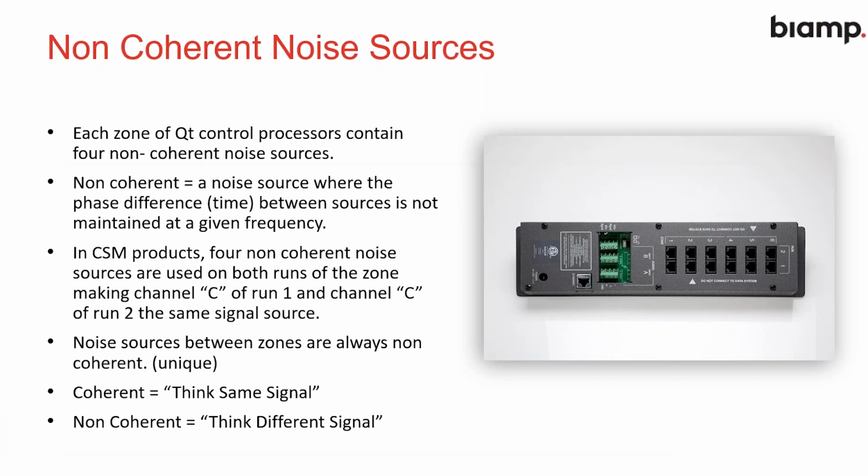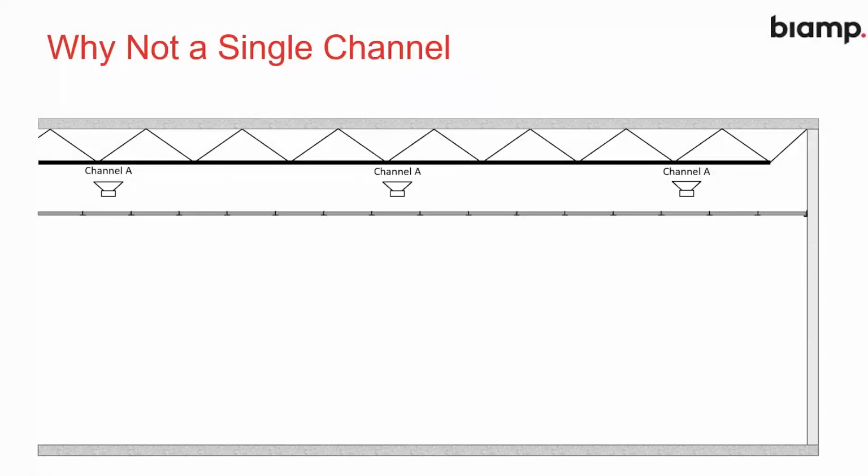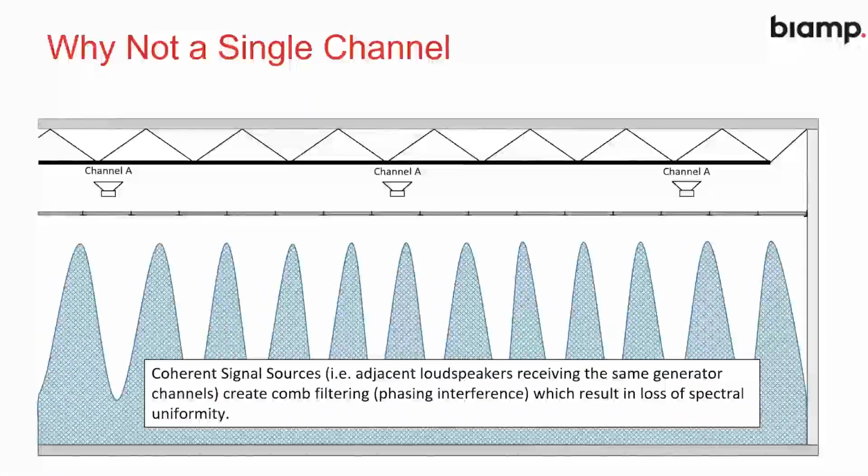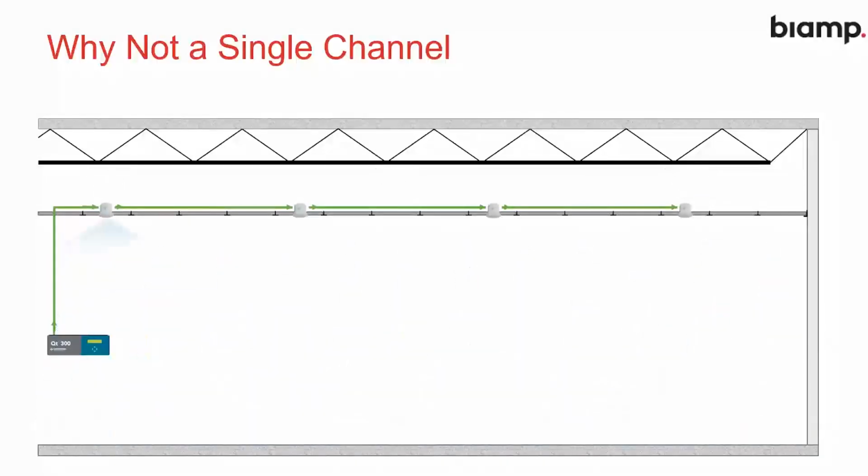The reason why we want this is that if all the signals were on the same amplifier channel, then in between each speaker, we would get something like this going on. Where we have coherent signals, or the same signal, we get this type of arrangement, which is not ideal when we want a constant uniform sound for sound masking. So in order to avoid this, the systems work with 4 audio channels.